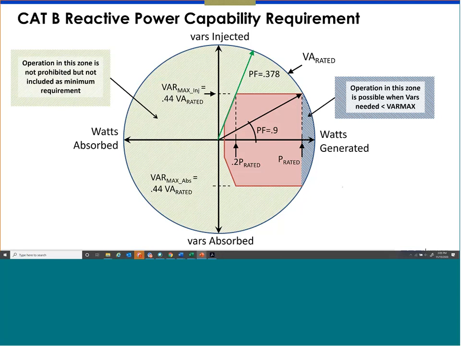So that's the point I wanted to highlight here. The red area is the minimum requirement. Blue area, you are allowed to go there. The green area is not prohibited, but also not a minimum requirement. So if you ask for reactive power support during nighttime, or for energy storage when charging to provide the volt-var function, then that may have to be some sort of agreement, or your EDR interconnection requirement has to specify that. 1547 does not automatically guarantee that.